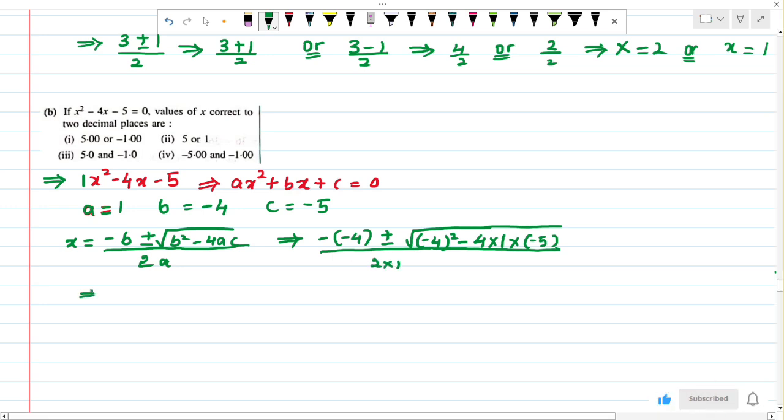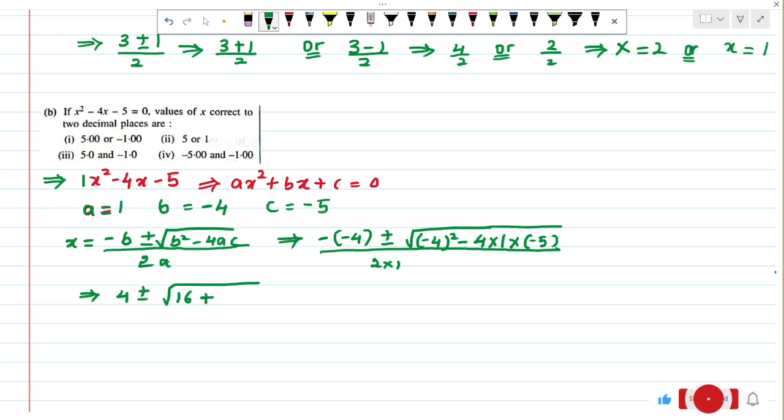So now I'll put minus of minus is 4 plus or minus root of 4 square is 16, minus of minus becomes plus. So this minus 4 and minus 5 becomes plus 20, divided by 2. 2 into 1 is 2.